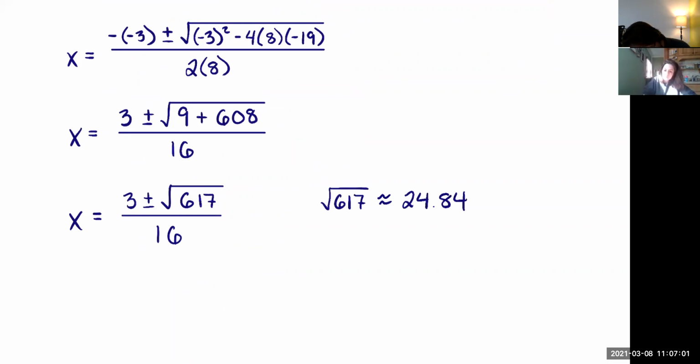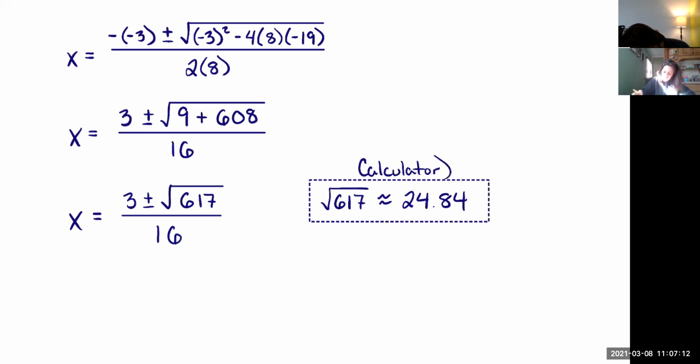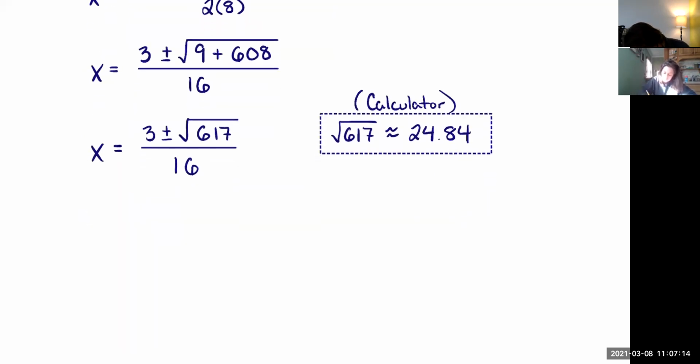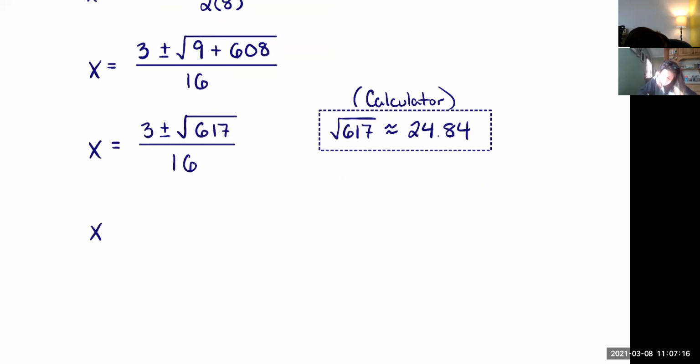So anywhere now we see the square root of 617, we can replace it with 24.84. And this was all thanks to our calculator. So now we're saying that X is approximately 3 plus or minus 24.84 all over 16. And now that I've taken it this far, we're ready to split.